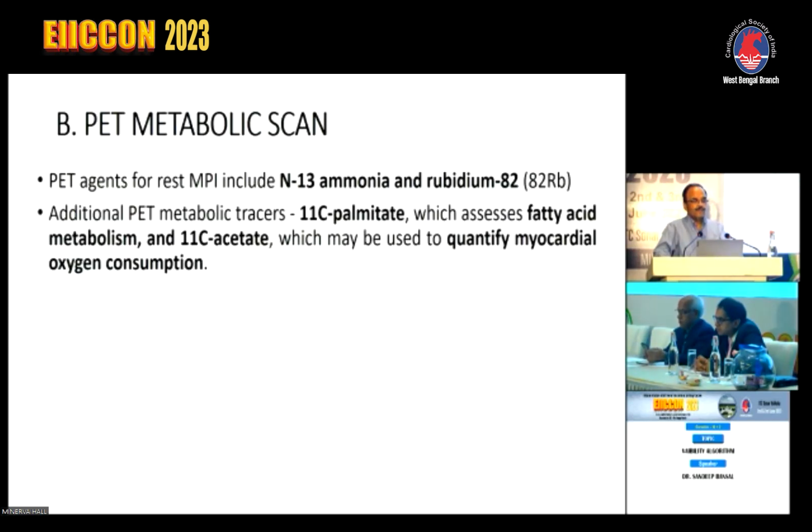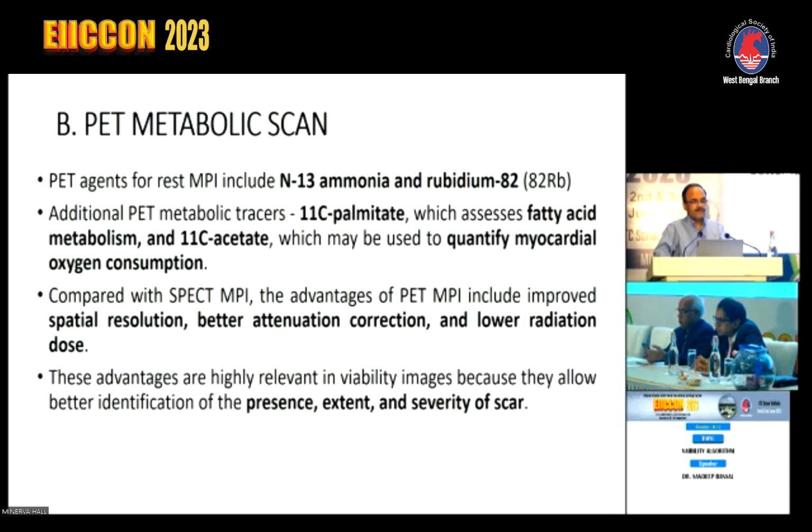As far as PET scans are concerned, this consists of two imagings. One is the perfusion, which means whether the blood is going there or not, and the other is metabolism imaging. As I said, in cases of chronic hibernation, the substrate changes from free fatty acid to glucose.